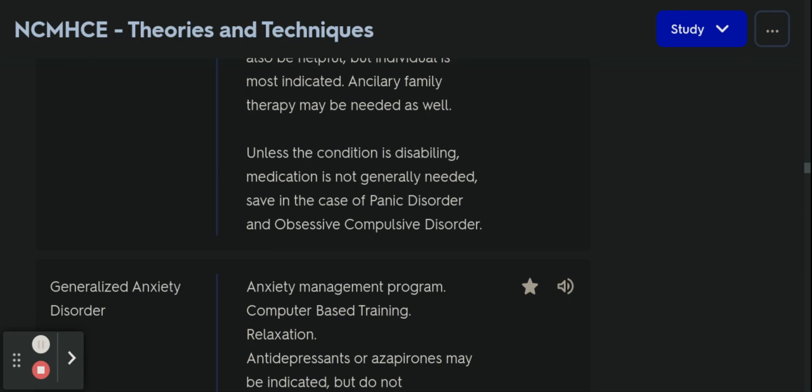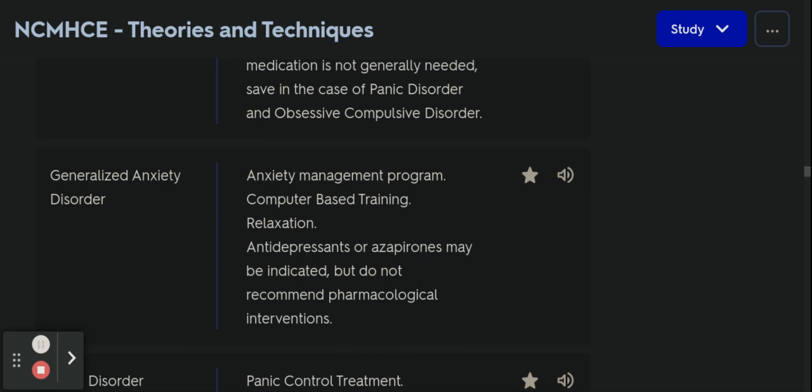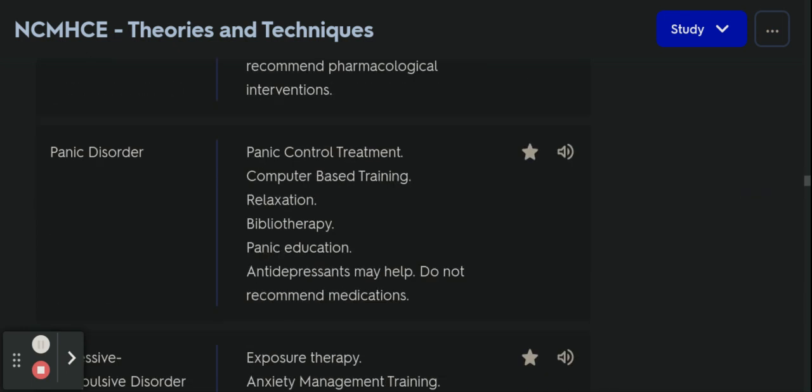Generalized anxiety disorder: anxiety management program, computer based training, relaxation. Antidepressants or azapirones may be indicated, but do not recommend pharmacological intervention. Panic disorder: panic control treatment, computer based training, relaxation, bibliotherapy, panic education.